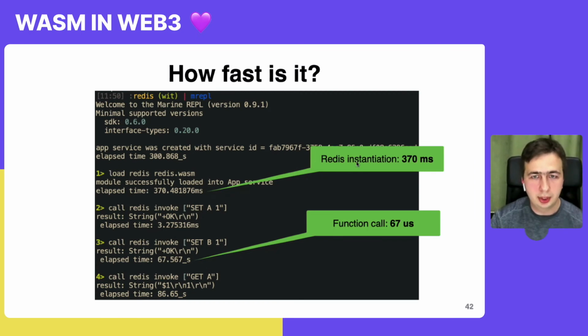Instantiation here means, first of all, compiling from WebAssembly to native, and some work to instantiate imports, exports, interpreters for exports, and so on. A usual function call, as you can see, takes 67 microseconds. The first call takes a bit more, about 3 milliseconds, because we have some lazy linking inside, and all next calls will be faster.